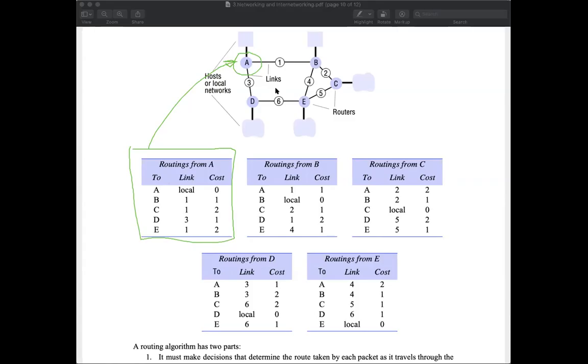So in routers, they continuously monitor the network and using some algorithm like Bellman-Ford, they update the routing tables, right? So if we take an example, in this network setup, we have 5 routers, A, B, C, D, E, right?